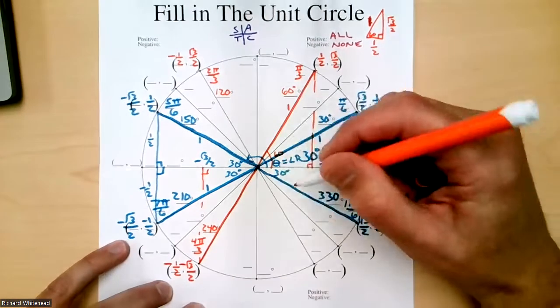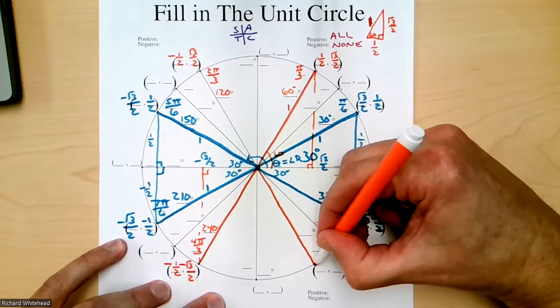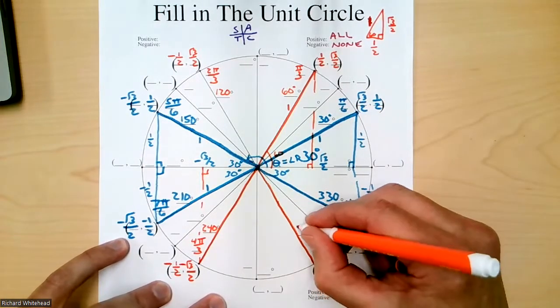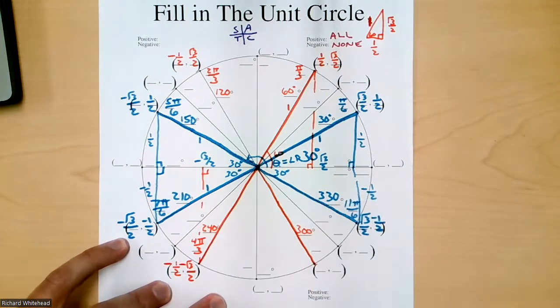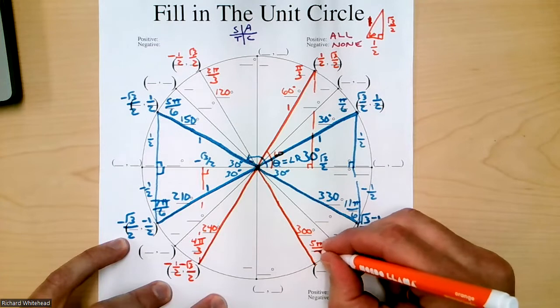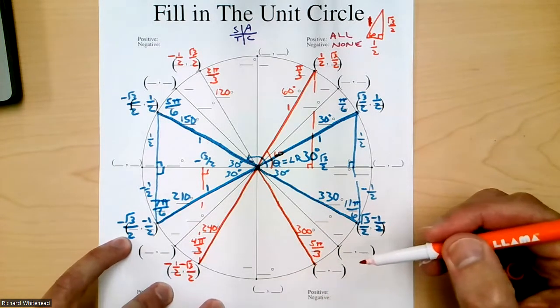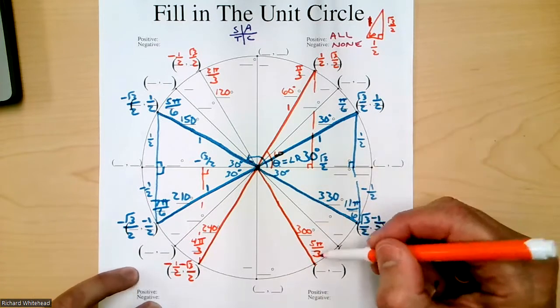And in the fourth quadrant, you'd say, okay, fourth quadrant, 300 degrees and 5 pi over 3. And like I said, I showed all that in the other video that talks about the derivation.